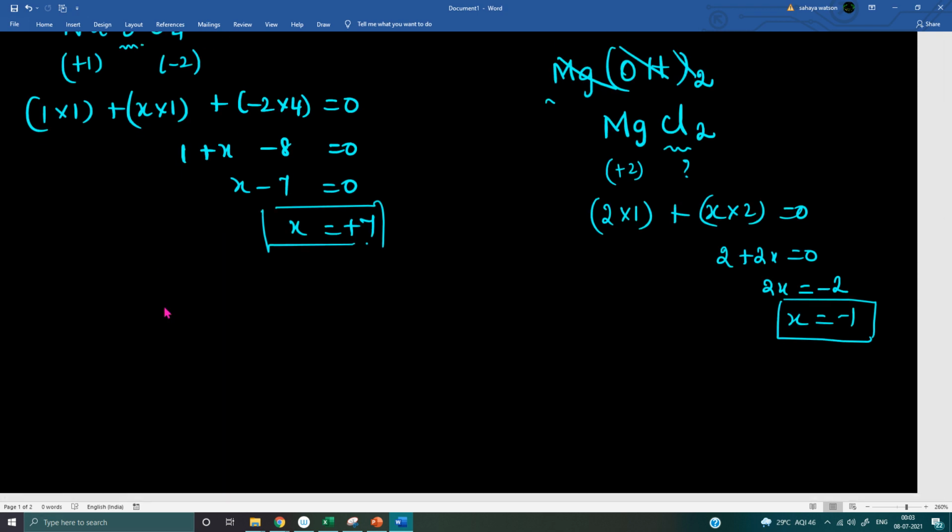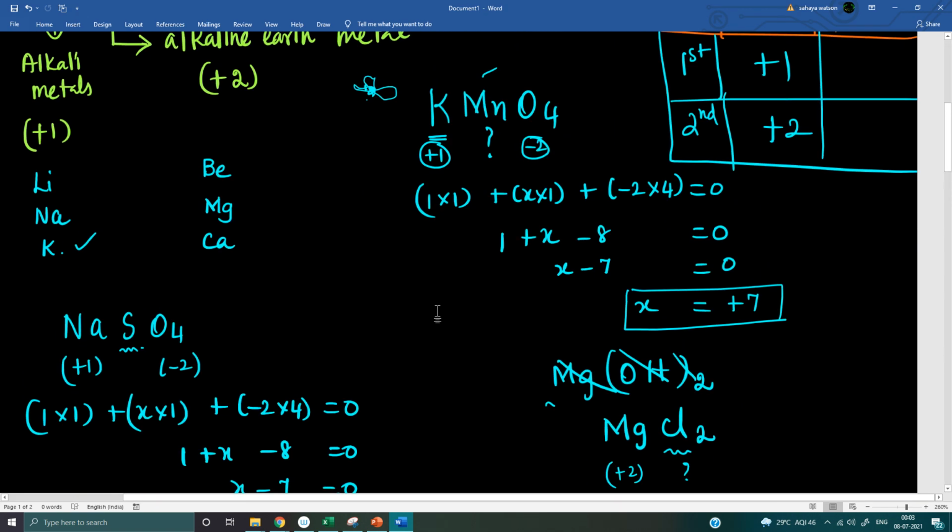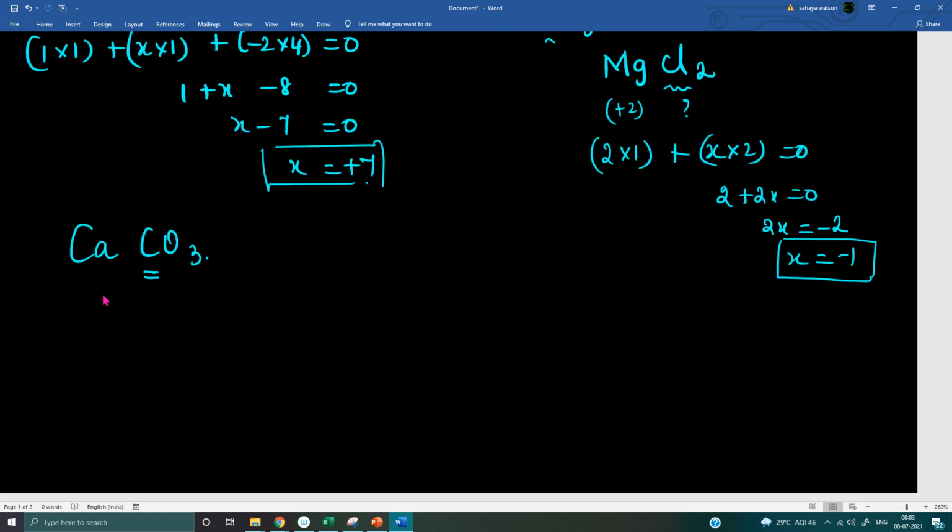And the next example, CaCO3. You are supposed to find out the oxidation number for carbon. Since calcium belongs to the second group, the oxidation number is +2. So for this I am going to write +2. Here it is x, whereas for oxygen it is -2.